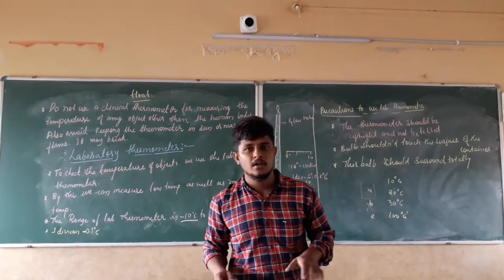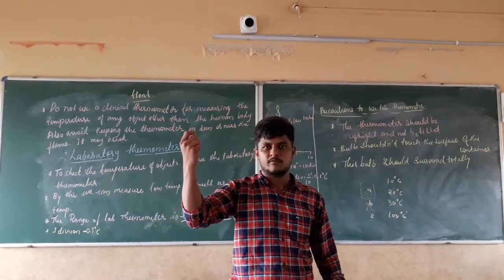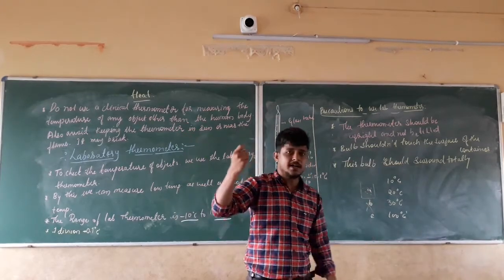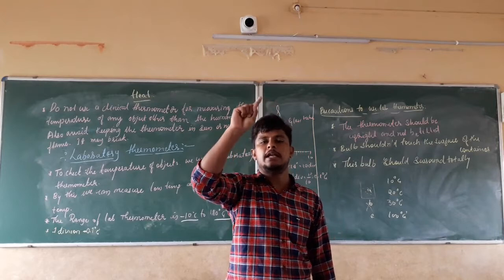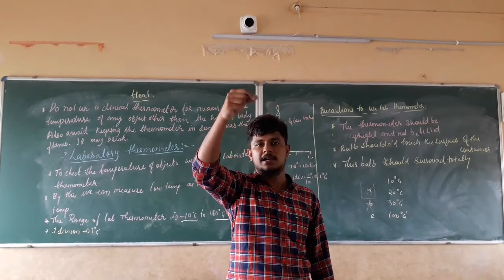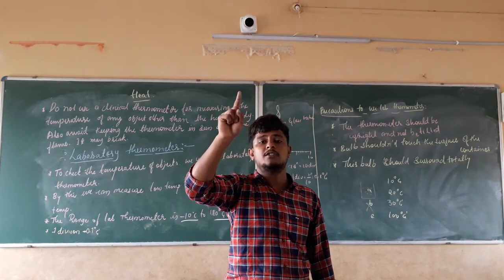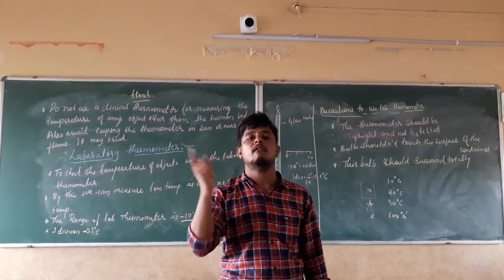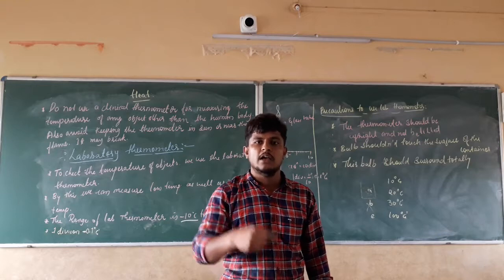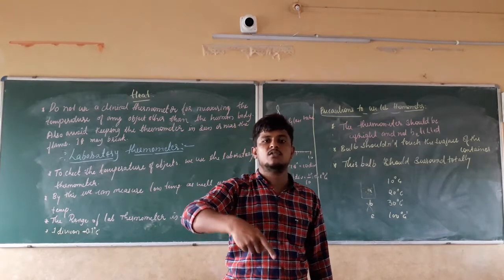What will we do? We remove the thermometer from that container. When we remove the thermometer and see the temperature reading on the thermometer scale, it starts to fall down. Mercury level starts to fall down. When you put it again in the water, it starts to go up again.